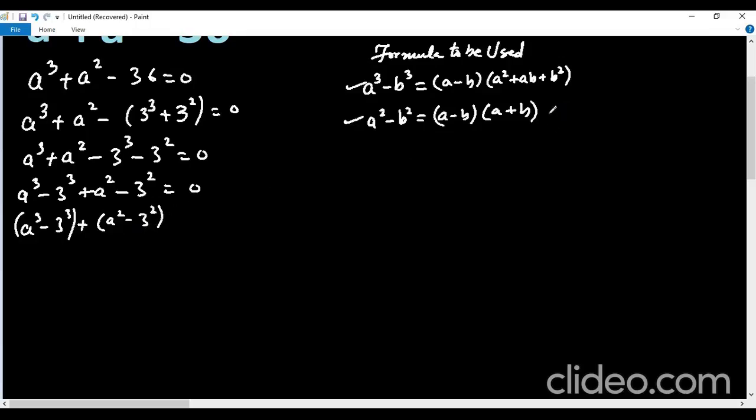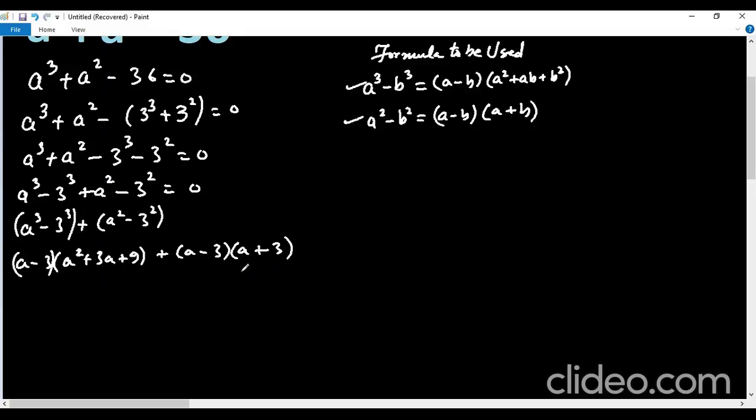Now as soon as you get this, you know very well how to open this bracket. You will open this bracket this way, a minus 3, and in the second bracket you will have a square plus 3a plus 9 for the first bracket, and for the second bracket you will have a minus b and a plus b, something like this.